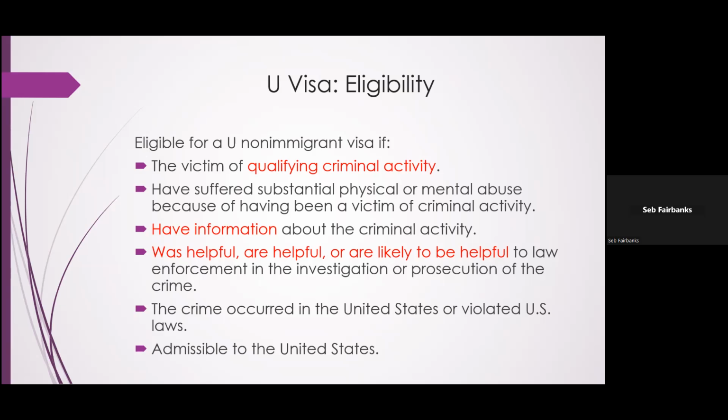They have to have information about the crime. The crime has to be reported. They have to be helpful, willing to be helpful, or likely to be helpful to law enforcement, the district attorney's office, or the agency that is prosecuting or investigating the crime. And the crime had to happen here in the United States. The applicant for the U visa also has to be admissible to the United States.